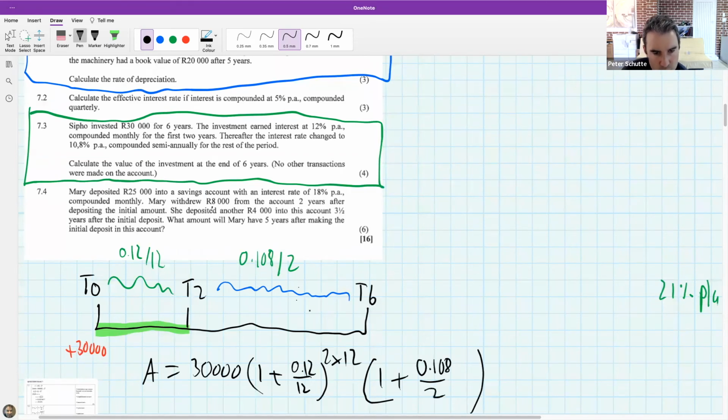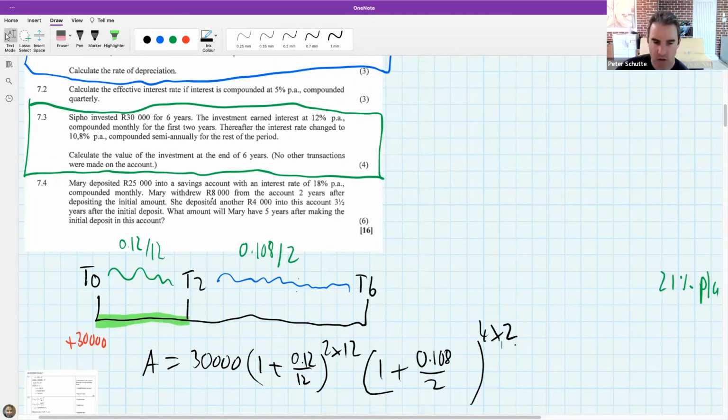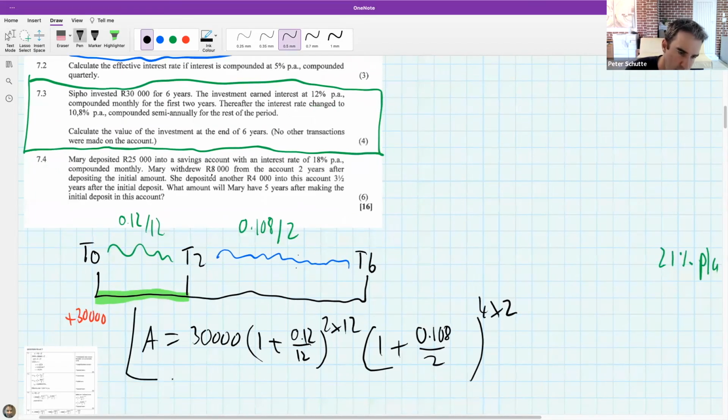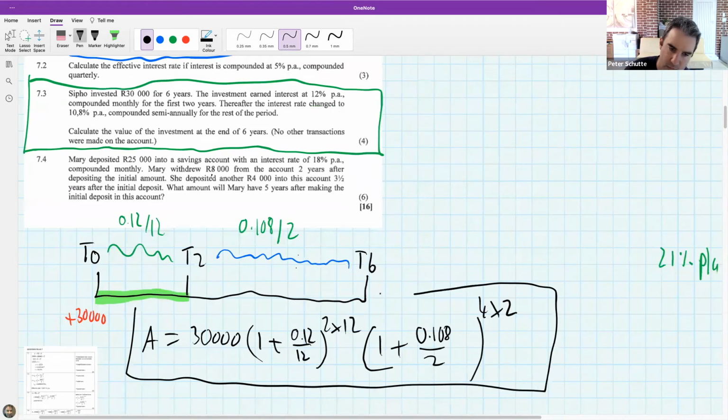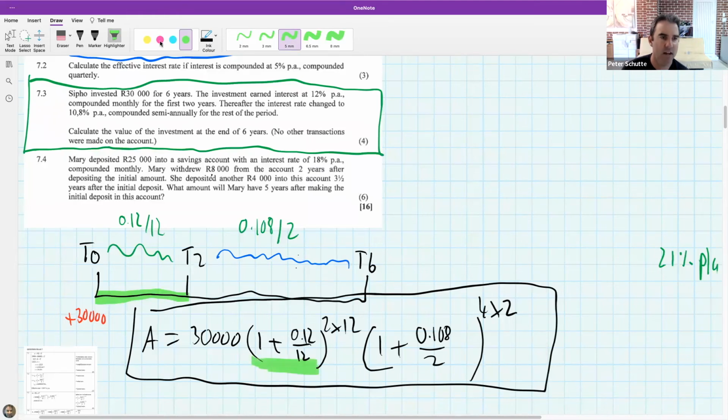And then we have 4 years, and it's 2 for each year. So 4 times 2. So this is what I get as my growth calculation. The green bit is over here, and then this bit is over here.